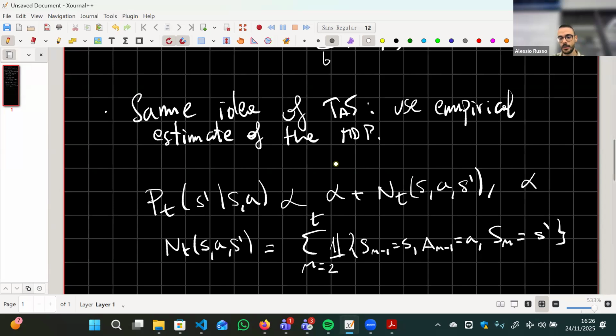And alpha is called the Laplace smoothing. So alpha is taken bigger than 0, and usually it's set equal to 1.